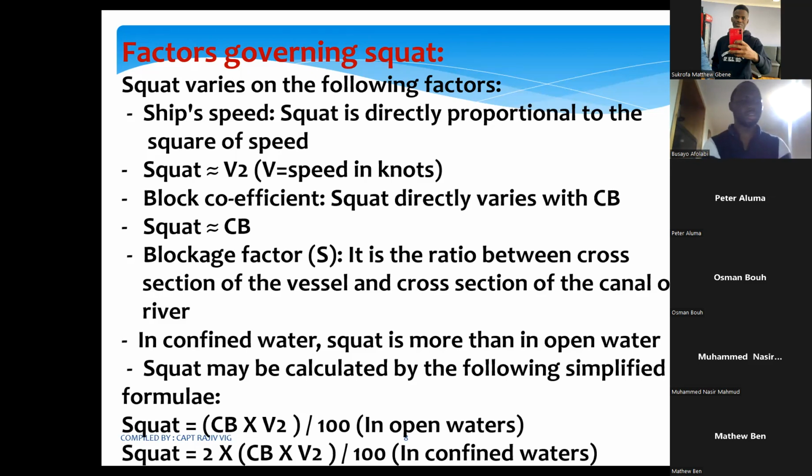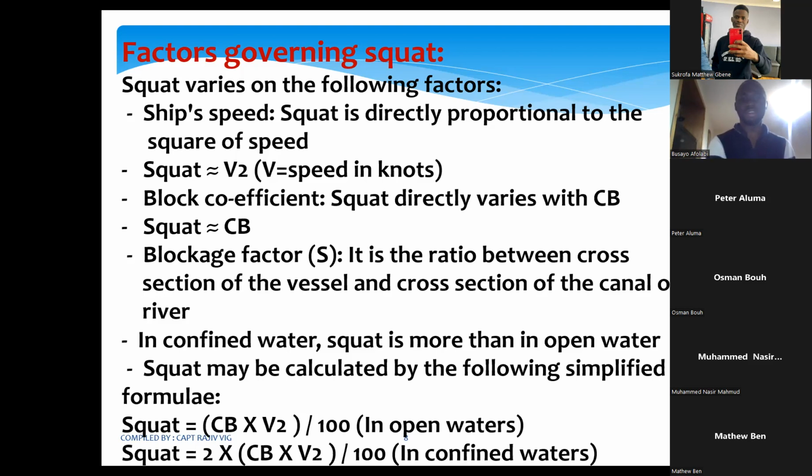Because like I said also, the type and the bow construction will affect the bow weight and distribution of the pressure. The way the bow is constructed will affect the wave that is being pushed. It will affect the pressure that is being accumulated, which will later affect the squat.